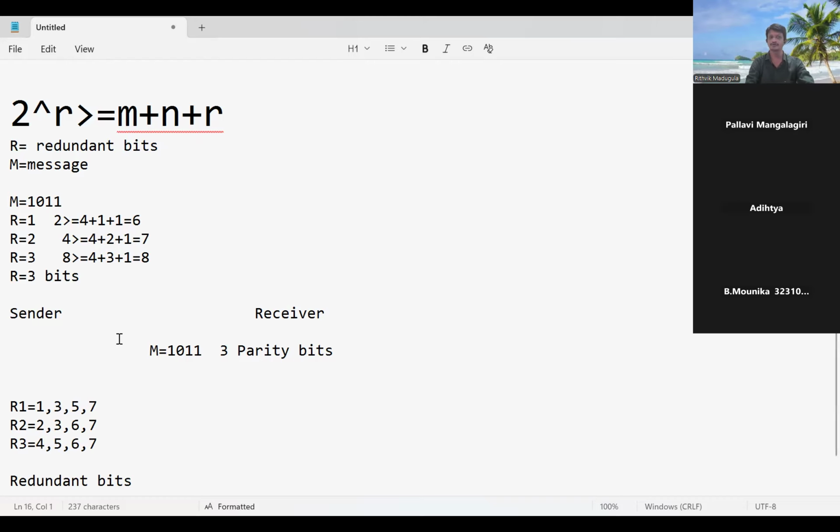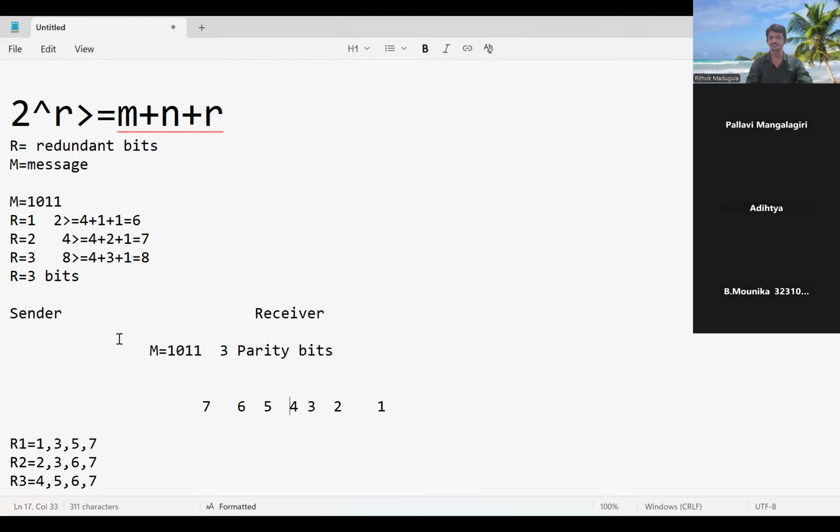What I need to do is write the message with all the bits, from 1 to 7. I'm going to add 3 bits along with those 4 bits. The positions are 1, 2, 3, 4, 5, 6, 7. Now at which positions do I add parity bits?